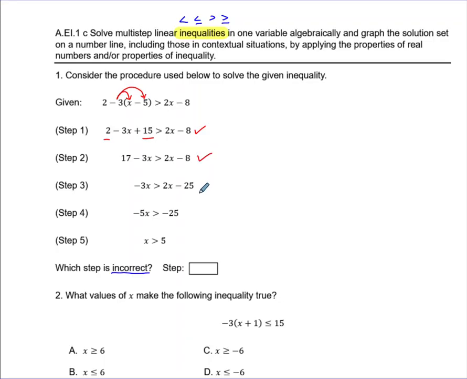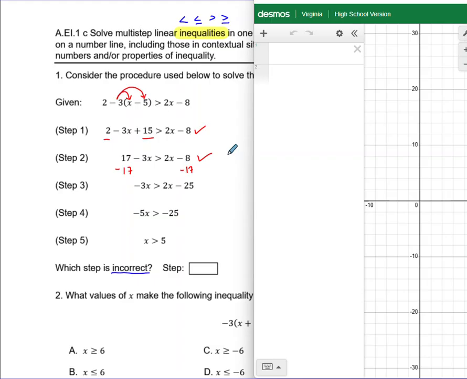So far so good. Next, it looks like they're moving the 17 over, so you take away the 17 on both sides. -8 minus 17, let me just check it in Desmos, is -25.